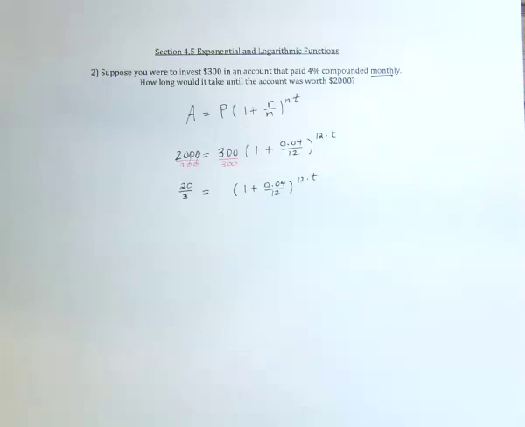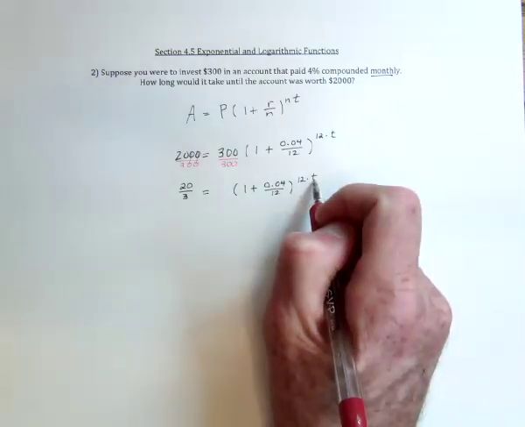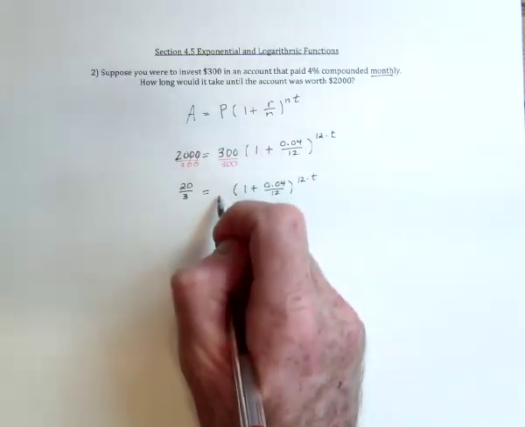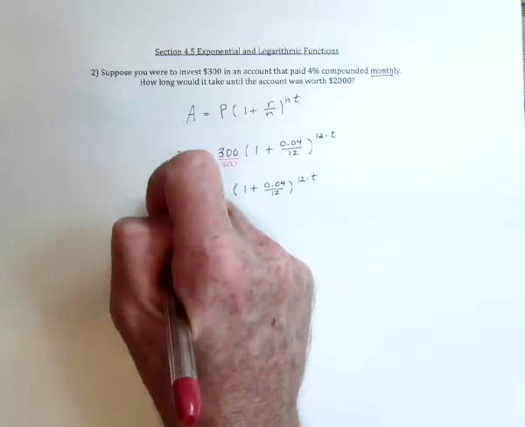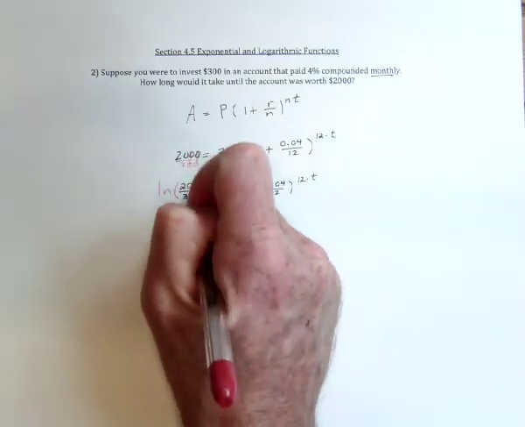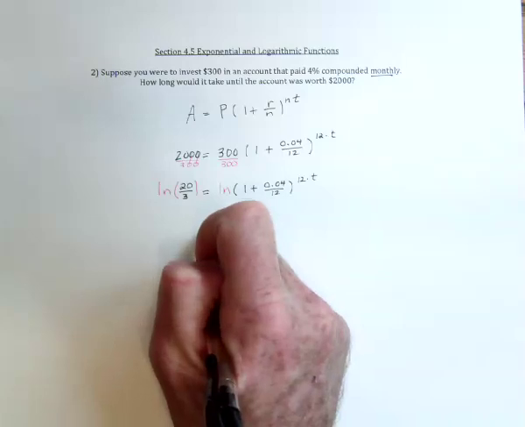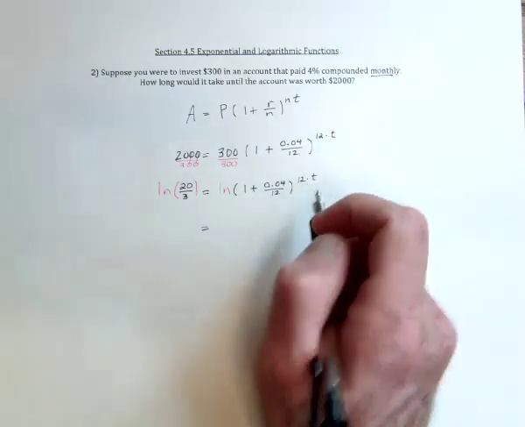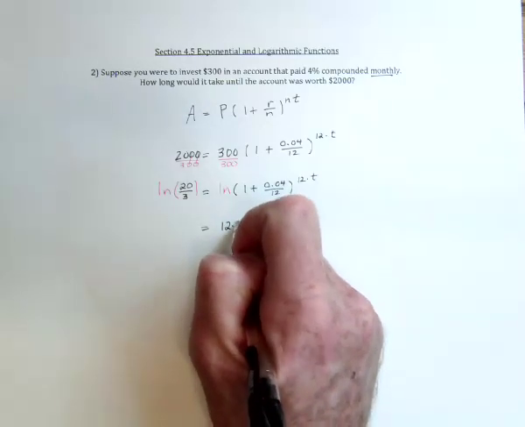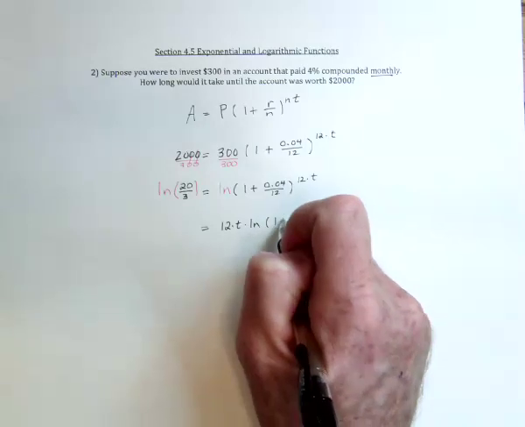Now the next thing that we can do in order to get this exponent down in front of the base is take natural log of both sides. So do the same thing to both sides, and now we can use one of the rules for logarithms, that this exponent of 12t can be brought down in front and multiplied with the logarithm.